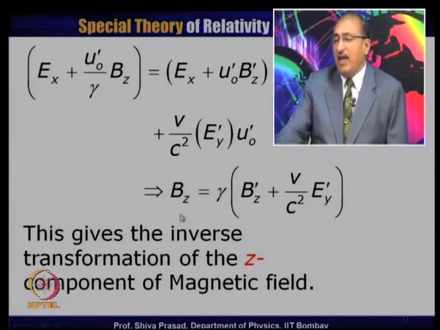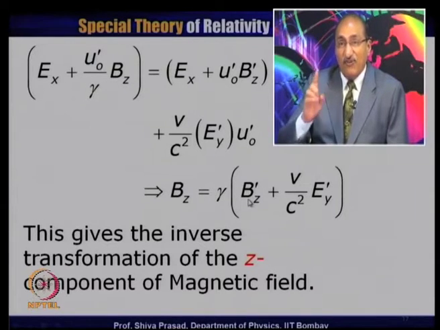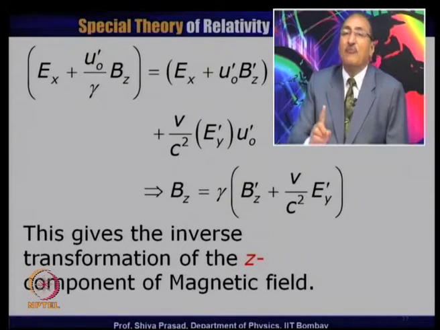So, as you can see, I get an equation Bz is equal to gamma times Bz prime plus V by c square Ey prime, which tells me the Z component of the magnetic field in S frame of reference if I know the Z component of the magnetic field in S prime frame of reference and the Y component of the electric field in S prime frame of reference.